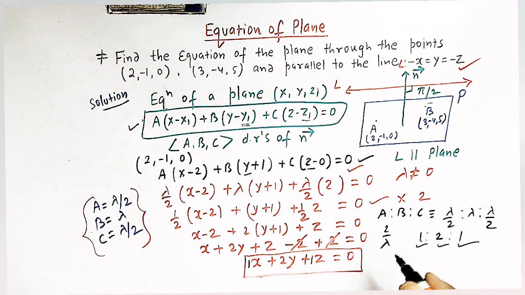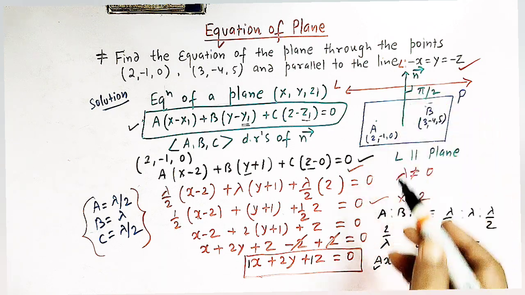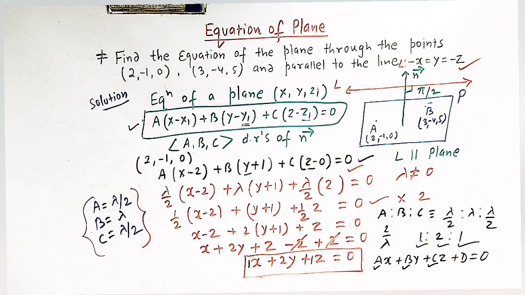Because whenever the equation of a plane is represented as ax plus by plus cz plus d is equal to 0, then a, b and c are the direction ratios of the normal vector to the plane.